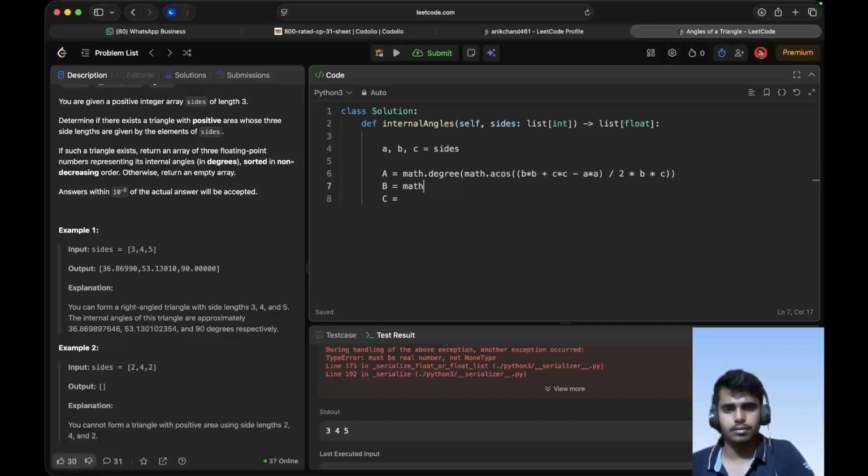For b, math.degrees of math.acos of a into a plus c into c minus b into b, divided by 2 into a into c.